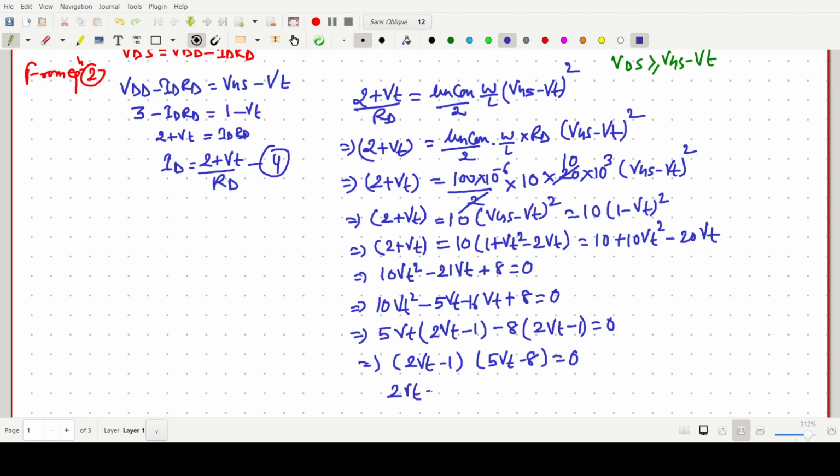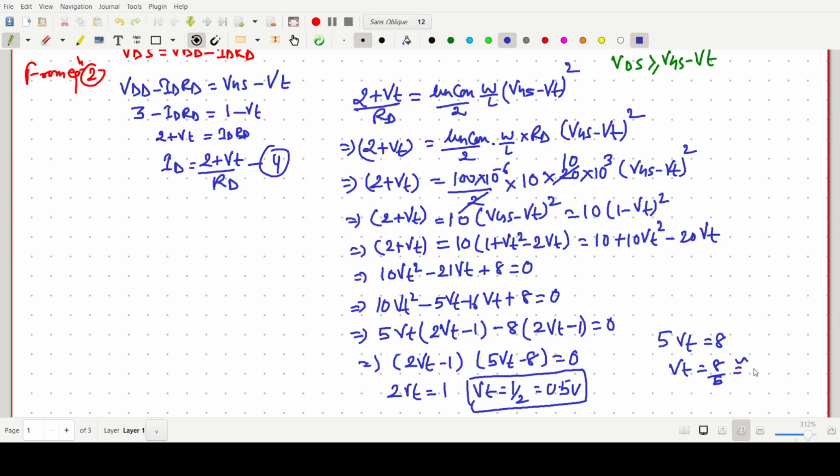One value is 2 Vt equals 1, so Vt equals 1 by 2, or 0.5 volt. The other one is 5 Vt equals 8, so Vt equals 8 by 5.